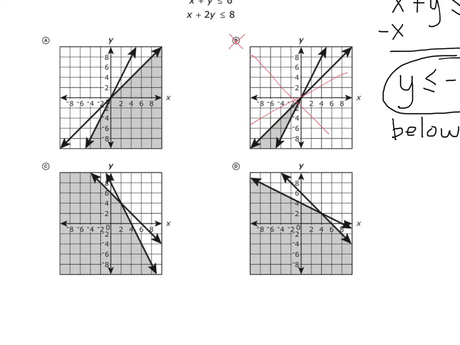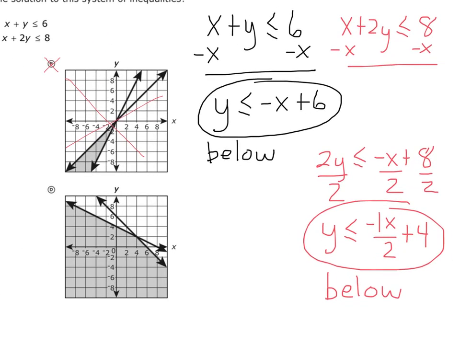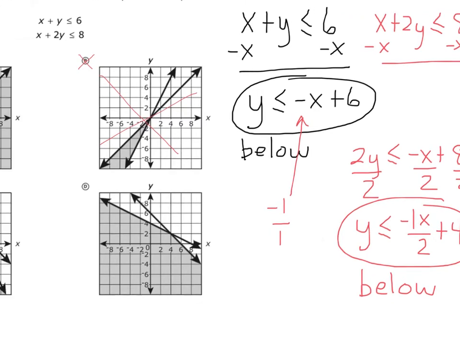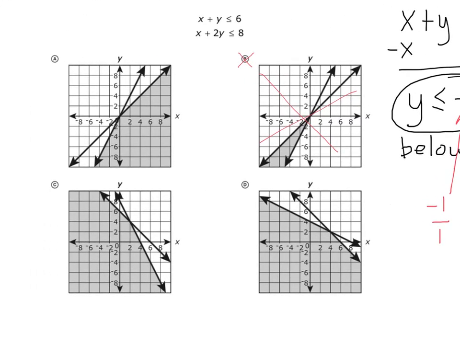Okay, so now let's look at the equations. This equation says negative x plus 6. So what is the plus 6? The y-intercept. And our slope right here is negative 1 over 1. Okay, so let's look at our graphs and see which ones have a y-intercept at 6.